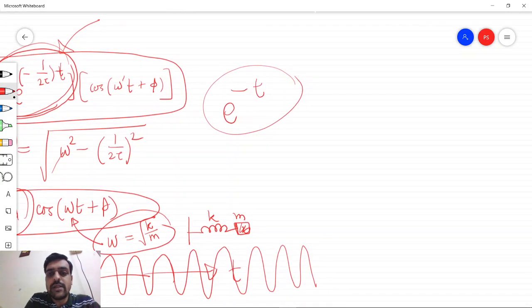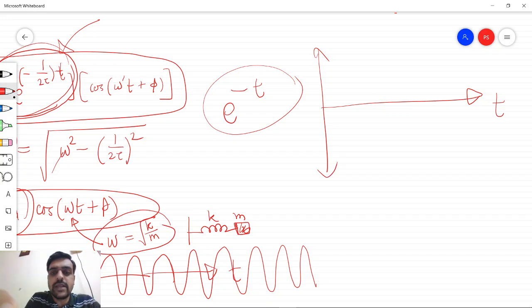So what does that mean? If we try to plot the amplitude as a function of t, if it starts with some maximum value, say a, then as time passes, amplitude goes on decreasing and it eventually reaches 0.